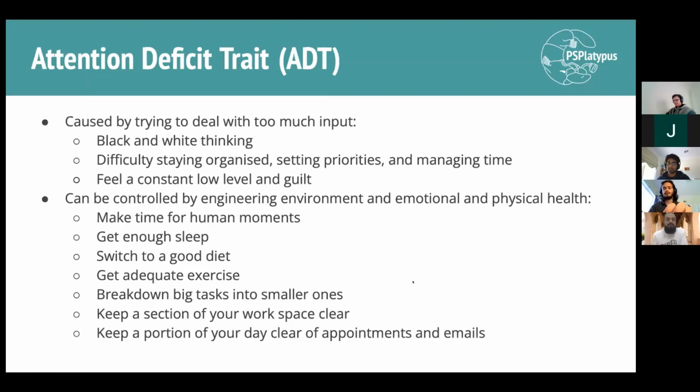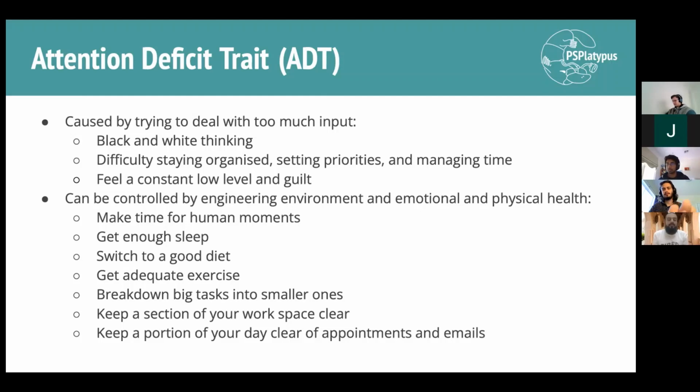Then we have something called attention deficit trait, where we have to deal with too much input, and this causes black and white thinking, where there is no gray area between black and white. We have difficulty staying organized, setting priorities, and managing time, and we feel a constant low level of guilt.